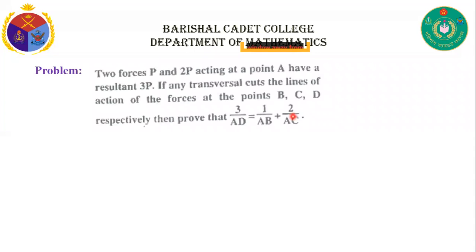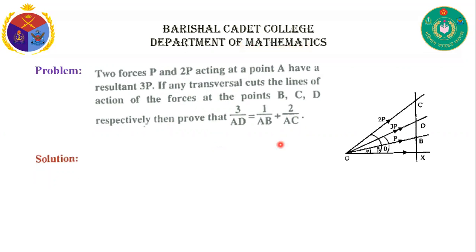Now problem 2. Two forces P and 2P acting at a point A have a resultant 3P. If any transversal cuts the line of action of the forces at the points B, C, D respectively, then prove that 3 by AD equal to 1 by AB plus 2 by AC. We see the solution from the picture.